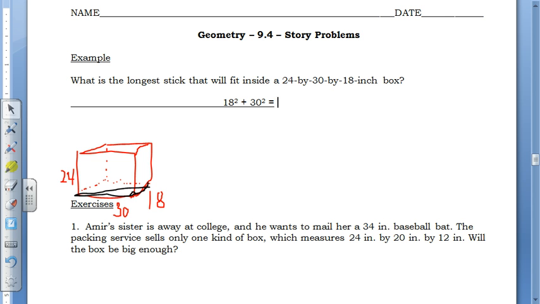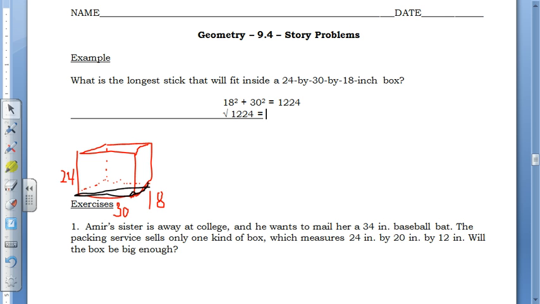18 squared plus 30 squared is 1,224. And then if we square root that, we get 34.985.